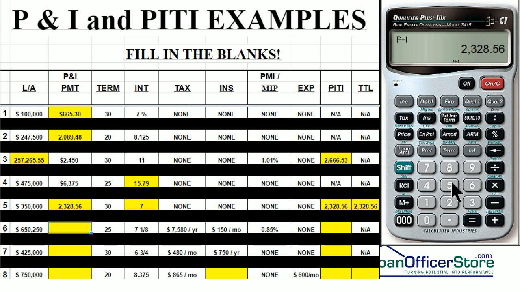A lot of times I'll tell people, instead of locking yourself into that 15-year deal, you should do the 30-year deal and then do biweekly payments where you pay half your payment every 2 weeks. You get an extra payment in there. You'll actually get more than an extra payment because if you're paying a PITI payment, let's say your PITI payment is $3,000 a month, and I'm just making it up, but $1,500 of that is for your taxes and insurance.